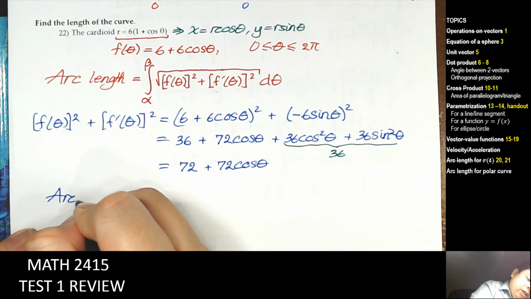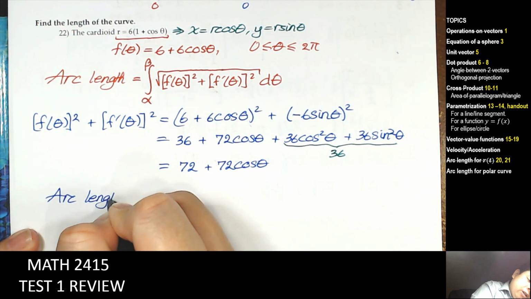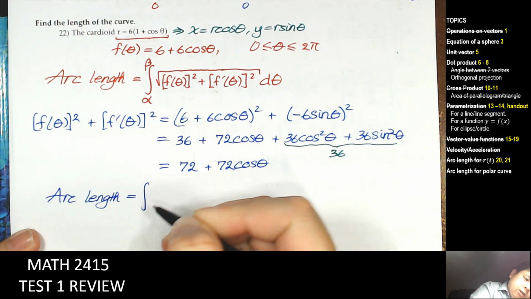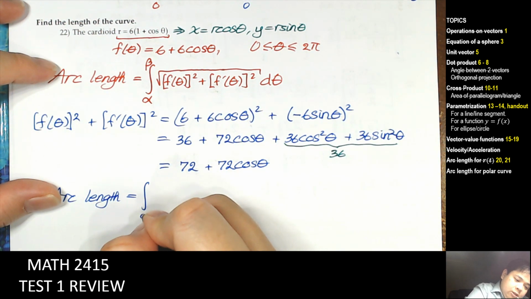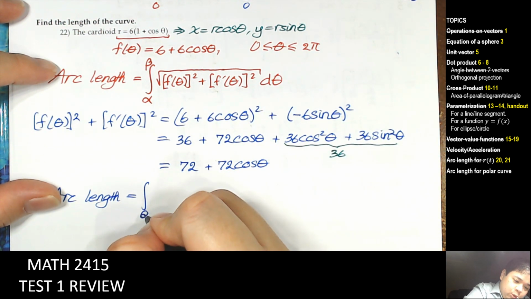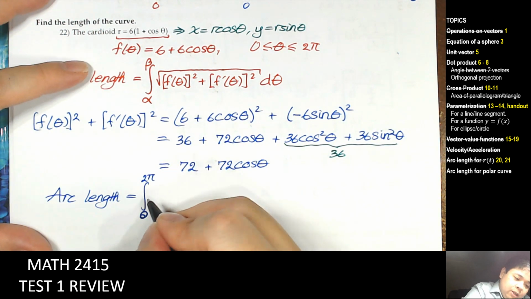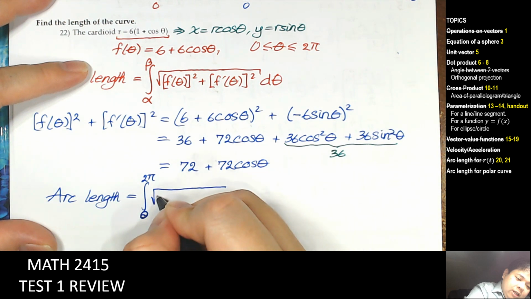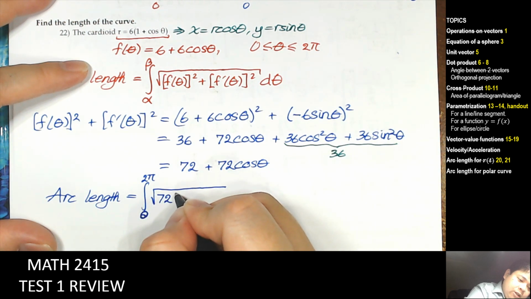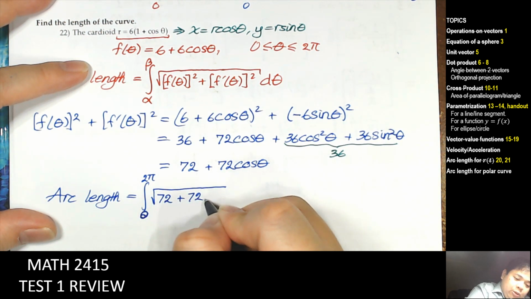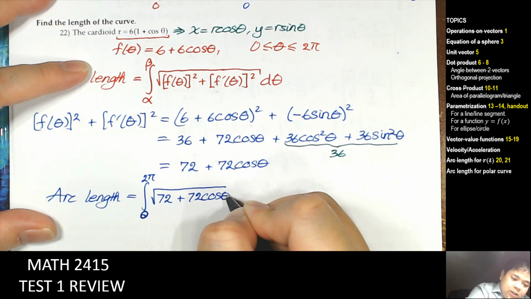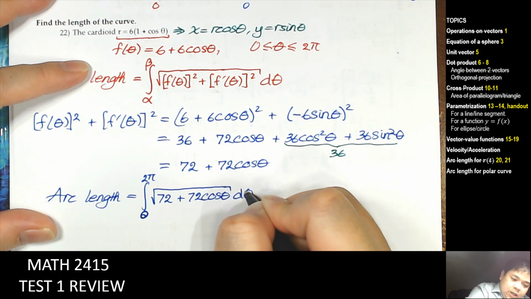So the arc length goes from 0 to 2 pi, the square root of 72 plus 72 cosine of theta, d theta.